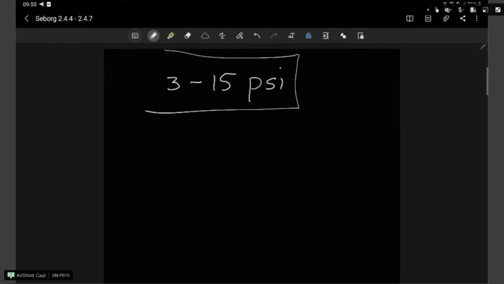The only imperial units that you will ever find in this module is this range. Anyone tell me what this range is? Just out of curiosity. Any idea? I'll give you a hint.